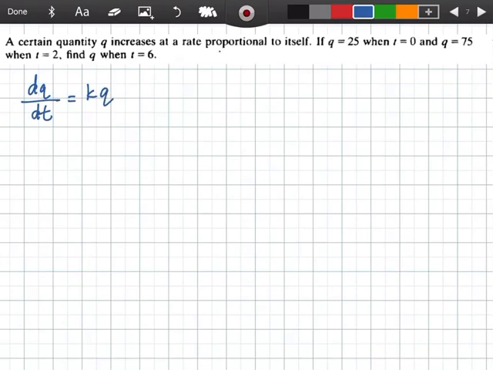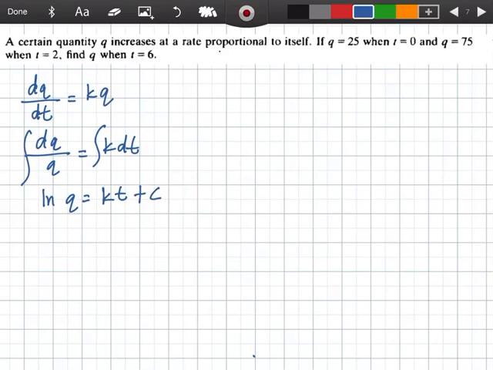Paano nangyari yun? A certain Q increases at a rate proportional to itself. So, nag-introduce tayo ng constant of proportionality, that is K. Okay? So, dQ over Q is equal to K dt. And if we are going to integrate it, magiging ln of Q is equal to KT plus C. Diba?